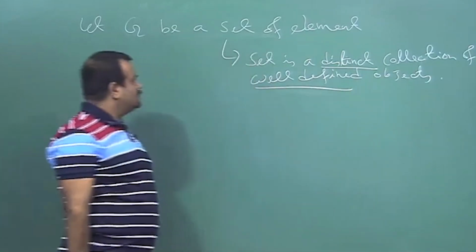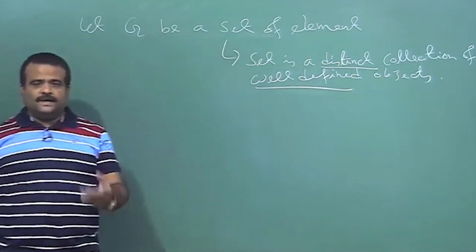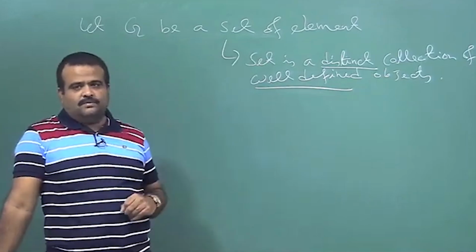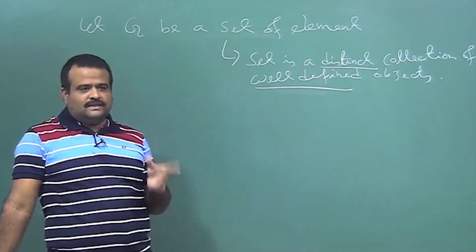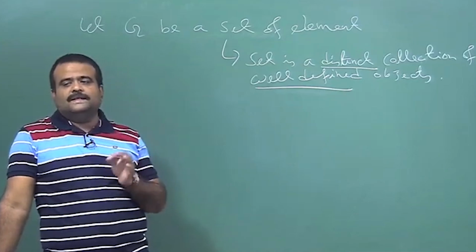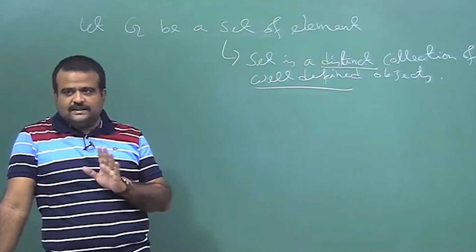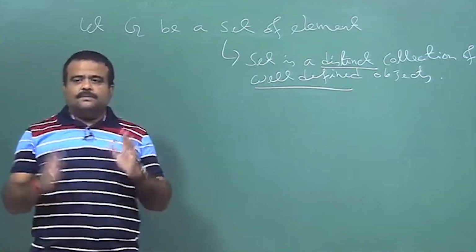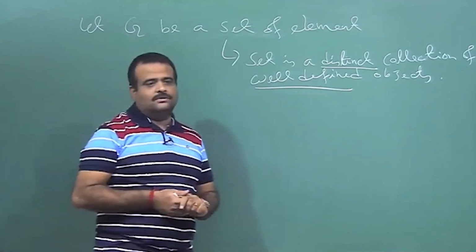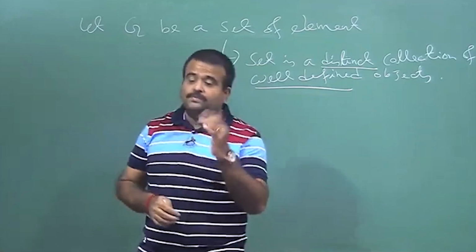Well defined means, if you define a set, then if you take any element from the universe, we can say definitely whether that element is in the set or not. In this sense it is well defined. It is completely defined. I mean, there is no answer like okay, this element could be in the set.